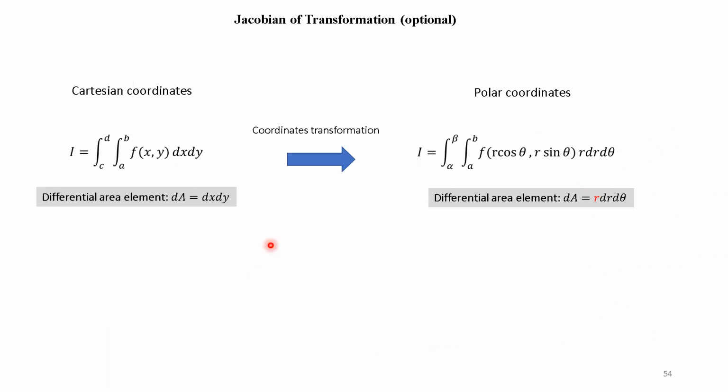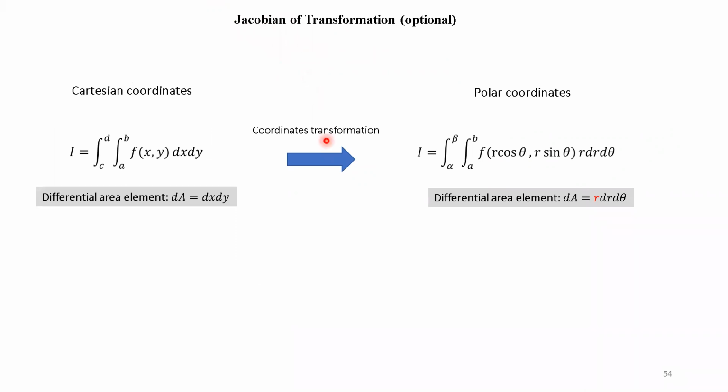So finally, let me just say a few words about this so-called Jacobian of transformation. It won't be in the exam, won't be in the homework, but this is a concept that you might revisit later.